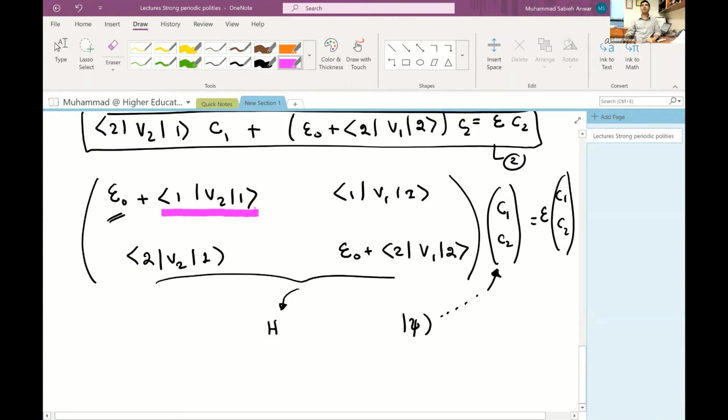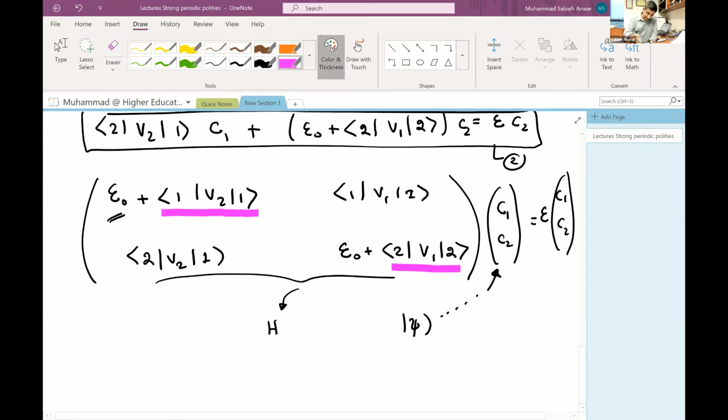This term here, first electron can also interact with the second nucleus. It's not a hopping of the electron from one orbital to another. It's just the first electron feels the presence of the second nucleus. It is pulled by the second nucleus. Likewise, this term here is the second electron feeling the pull of the first nucleus.